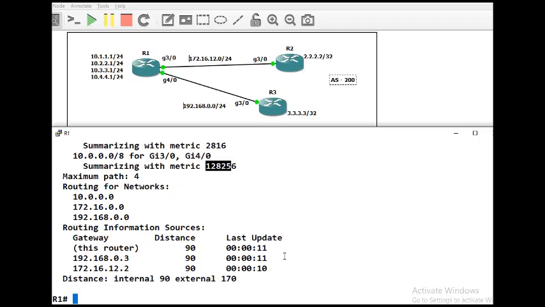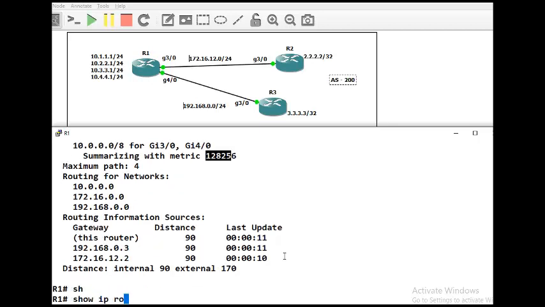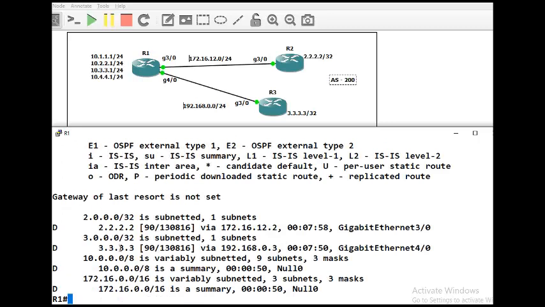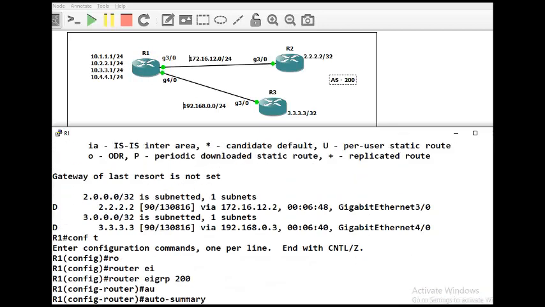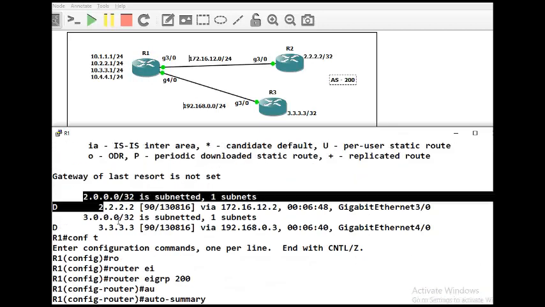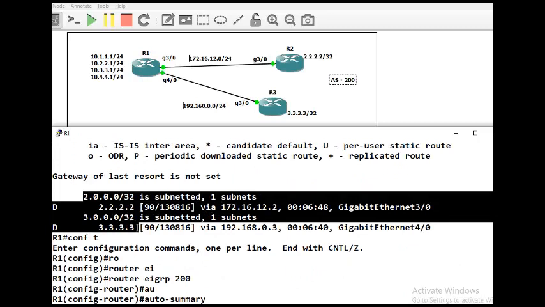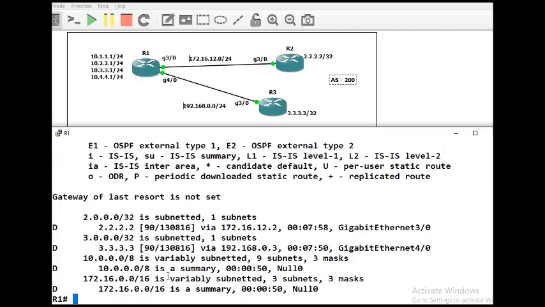And I want to show you in the routing table, show IP route EIGRP. Look at this. This is what I was talking about earlier. When I showed you earlier, you saw only 2 routes. Now you will also see some summary routes pointing towards null. This is very important.